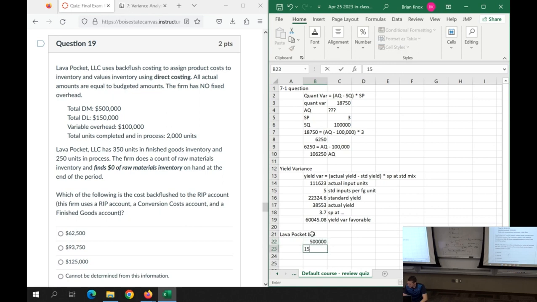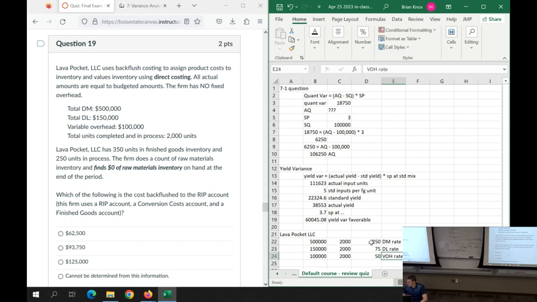We'll do all three. Might be doing extra work here. 2,000 units is our denominator. Oh, divided, excuse me. This is our DM rate, our DL rate, and our VOH rate.